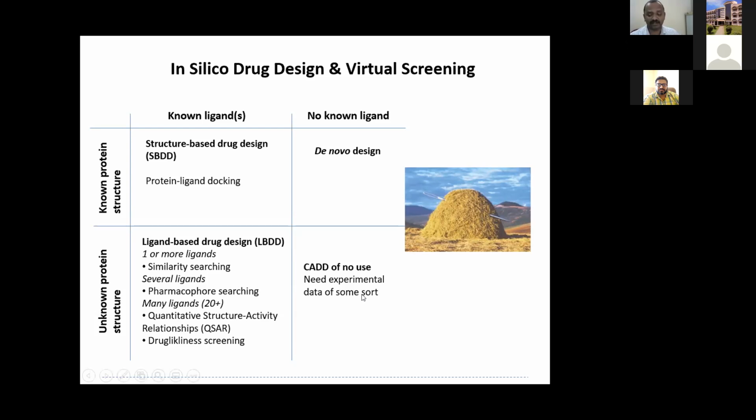But still, it also expects some kind of data from the high throughput screening. That is why we say that in general CADD is of no use if you don't have any data. We need some kind of data to analyze, and we can build some hypothesis based on that particular data.